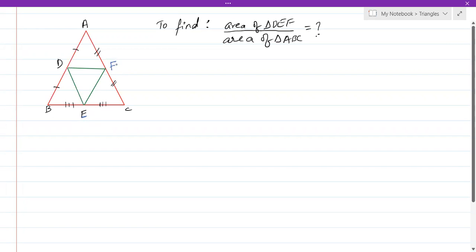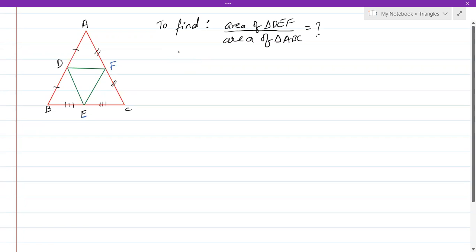This is F. Okay. F is midpoint of AC, and D is midpoint of AB. So let's first prove that the triangles DEF and ABC are similar.